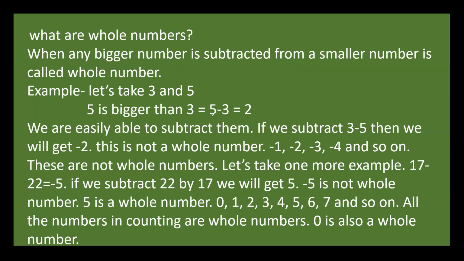5 is bigger than 3. So we always subtract the smaller number from the bigger number. It should be small here and it should be big here. I'm just writing the sentences over. I'm writing the proper definition of whole numbers.